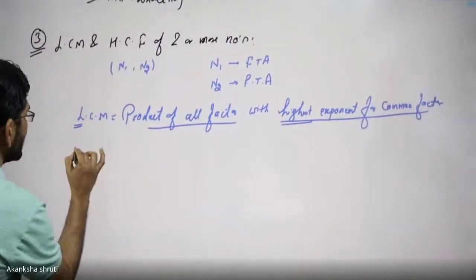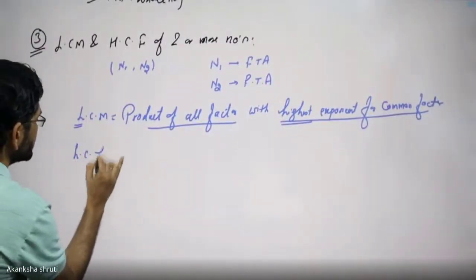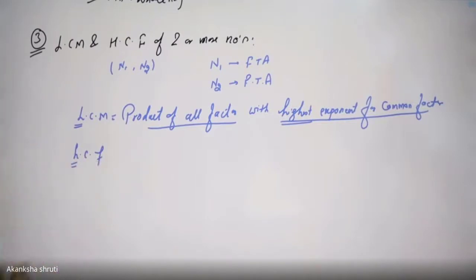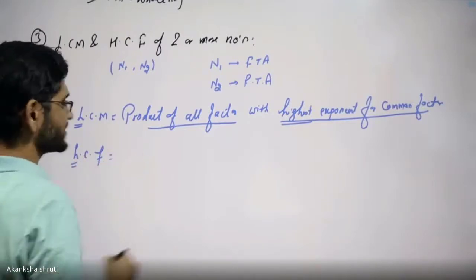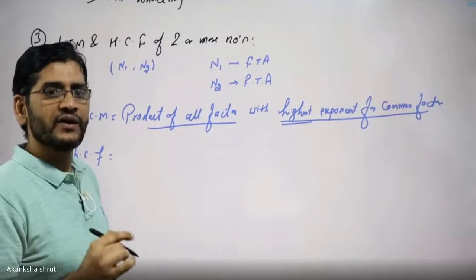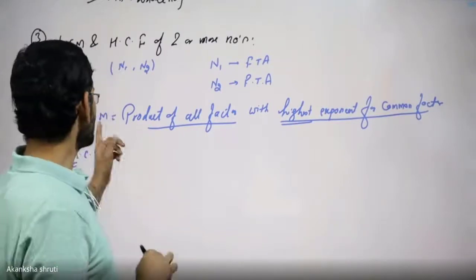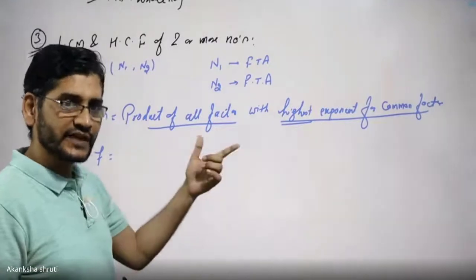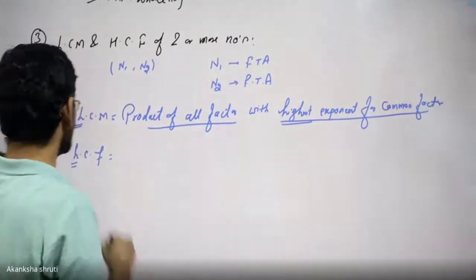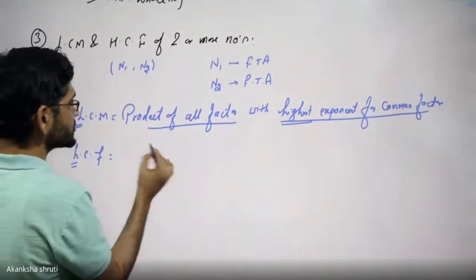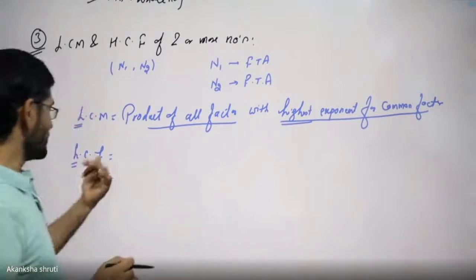Now the HCF, which tells the highest common factor. Factor is what? A number or integer which is smaller than the given. But multiple is always a number which is bigger than the two given numbers. Student, so it is product of only the common factors. It is the common factor.